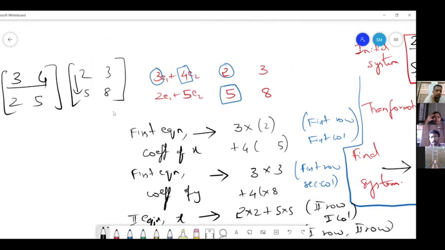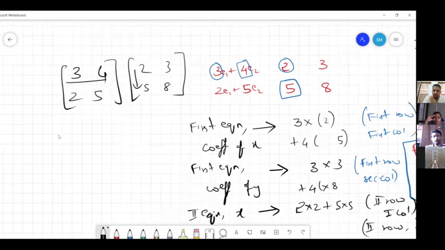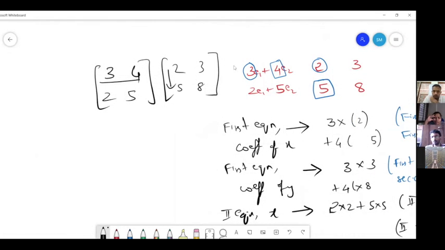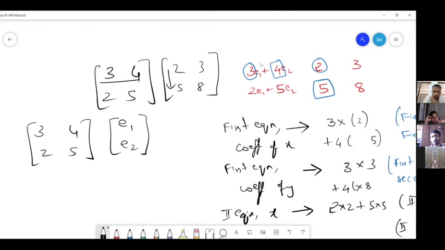But there is another, equivalent way of seeing matrix multiplication, which is suggested by what we have observed now. Say I have a matrix 3, 4, 2, 5, and I'm multiplying it with another matrix with rows E1 and E2. So what would be the answer here?